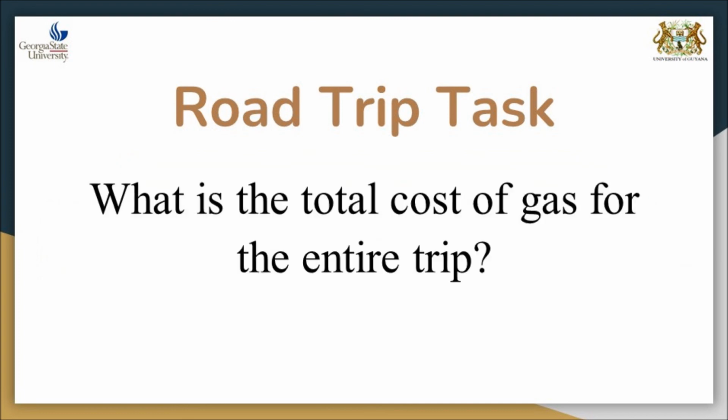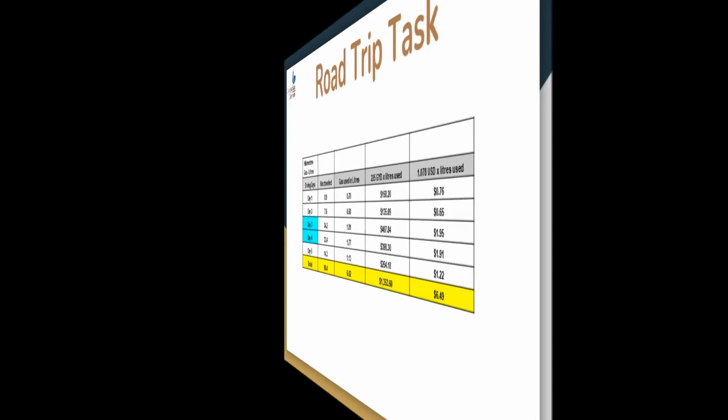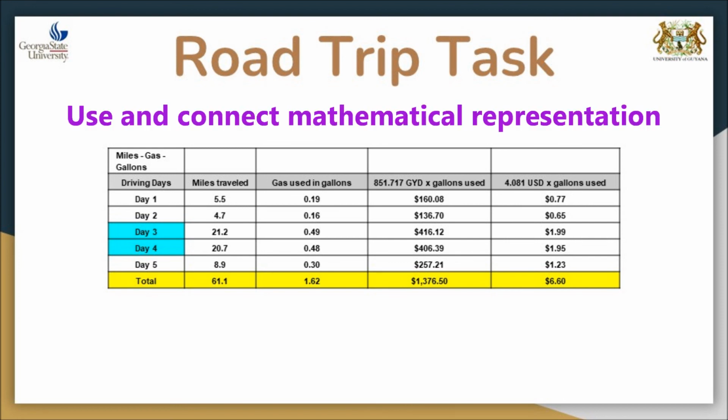What was the total cost of gas for the entire trip? And again, we go back to our chart here. Kilometers and liters and the Guyanese dollars and the US dollars. I used attention to precision, which was my SMP. Now, as we try to find the miles per gallon in Guyanese dollars and US dollars, I used and connected mathematical representations.